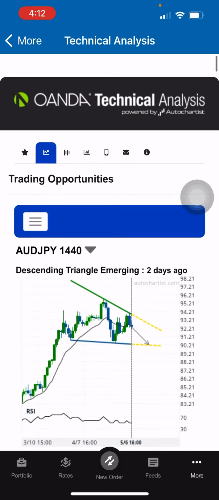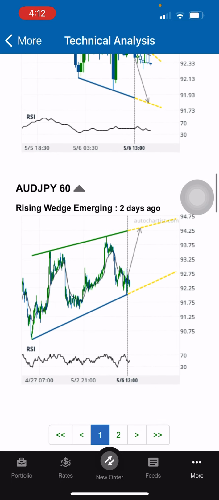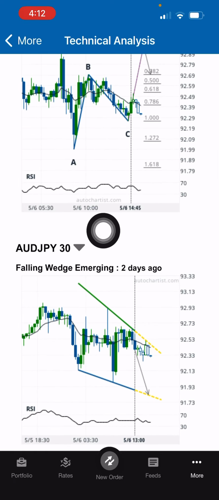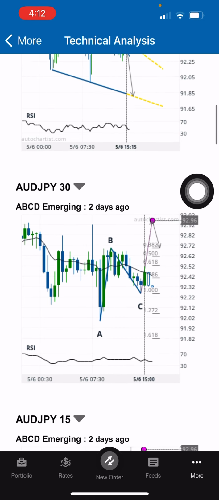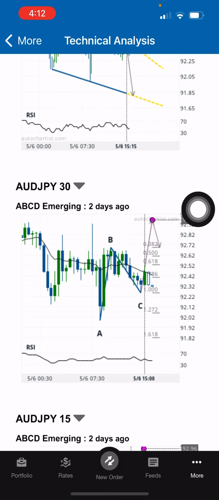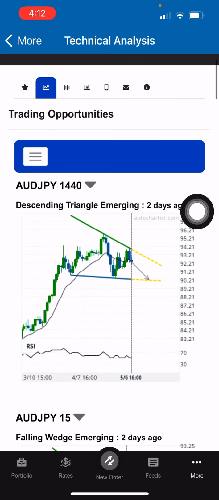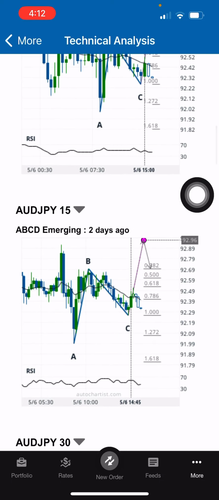And obviously, the more of these verifications, the more likely that something's going to happen. Another thing, you see this little arrow right here on the side, it tells you the direction that they think it's going to go. So these are professionals, guys, doing all the work for you. The more that you have in one direction, the more likely it's going to happen, because these are all different kinds of verifications.